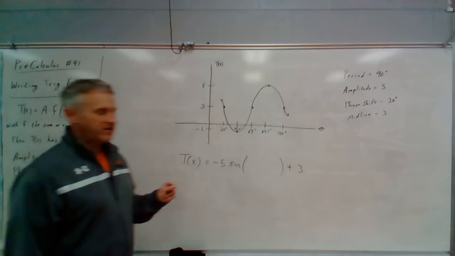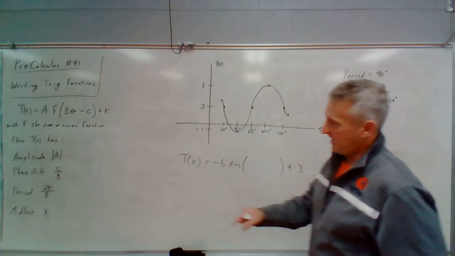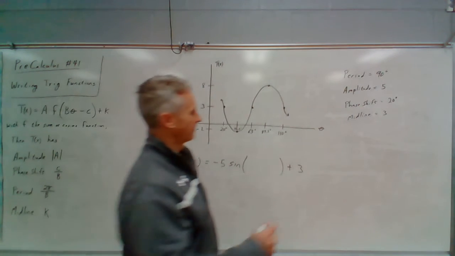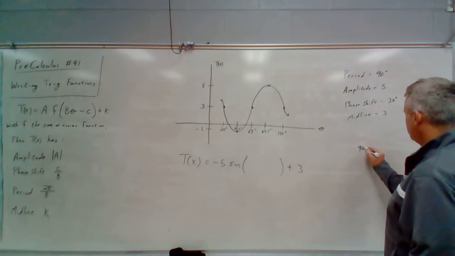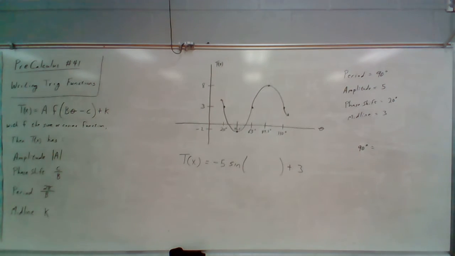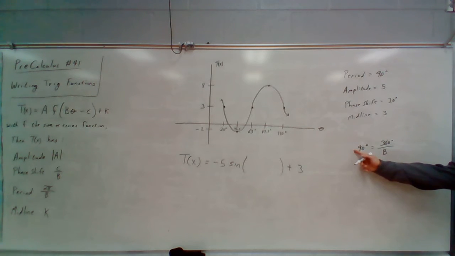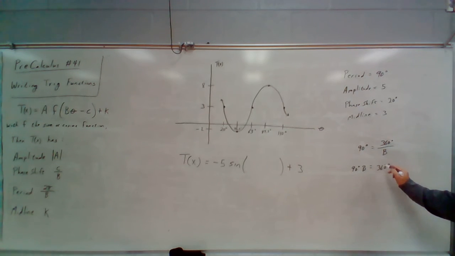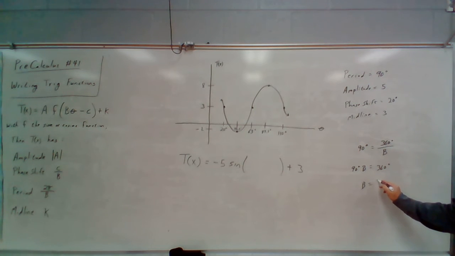Let's see if we can figure that out. I know my period is 90 degrees. And I know that the period is 360 degrees divided by b. So if I solve this equation, multiply both sides by b, and then divide both sides by 90, I get b is equal to 360 degrees divided by 90 degrees.